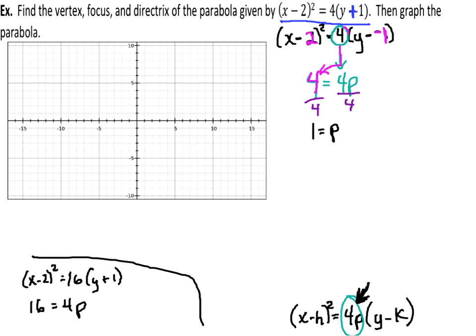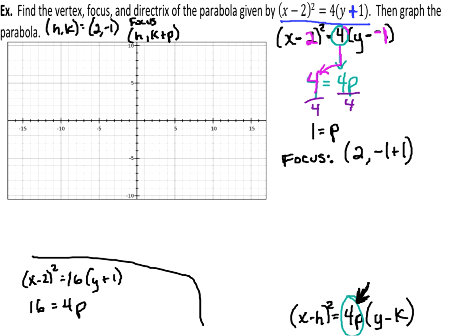What I should have written was for the x squared version that is not centered at the origin: h, k is the vertex, but the focus is given by h, k plus p. So my vertex is 2, -1, and my focus is given by h, which is 2, k plus p. So -1 is k, plus 1 is p. So my focus is actually 2, 0.